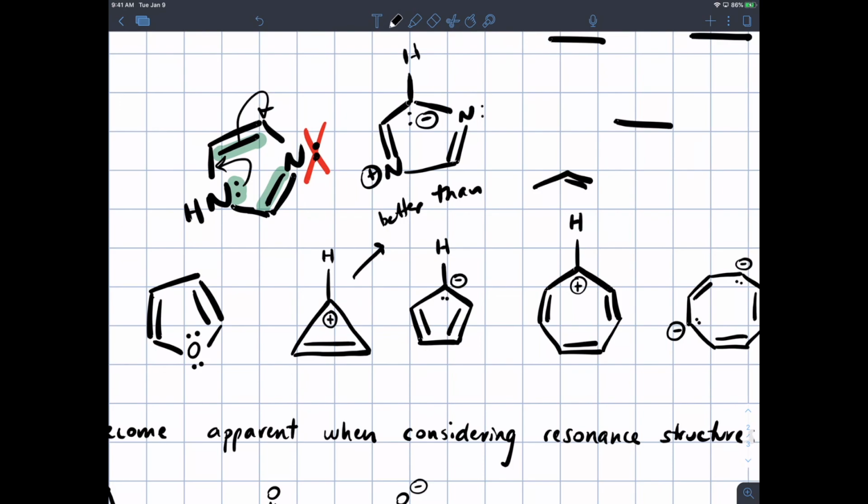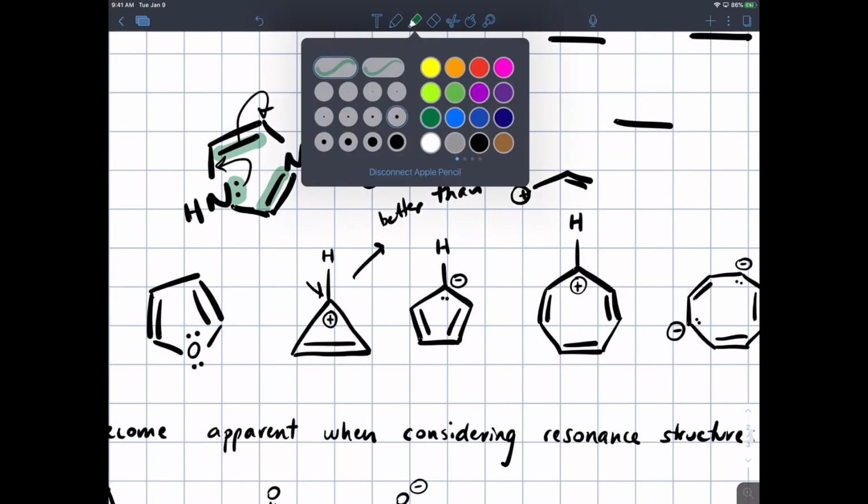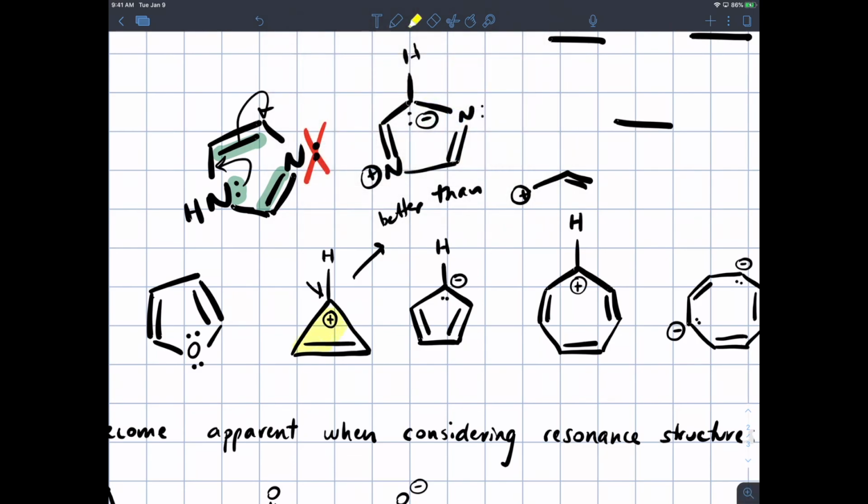That's just based on leaving group ability, if you put a leaving group at that carbon. Why is that? Well, you'd think there's ring strain there, and there is, but you've got the impact of aromaticity.